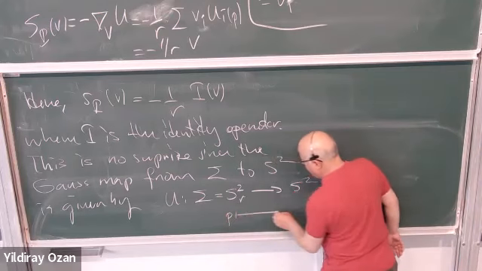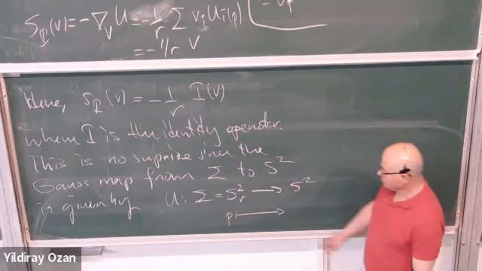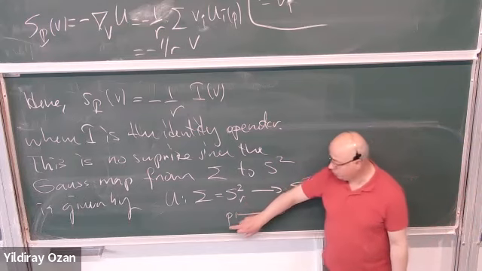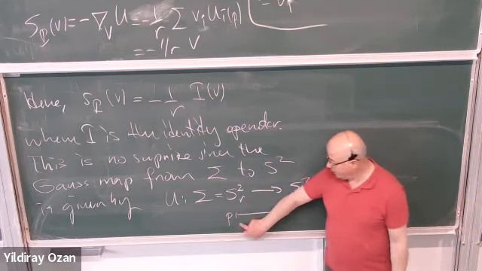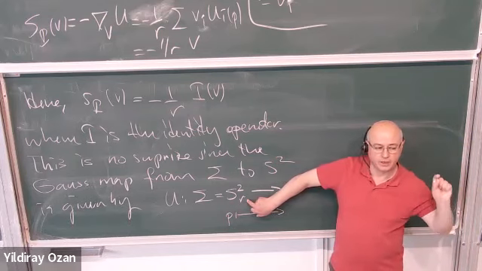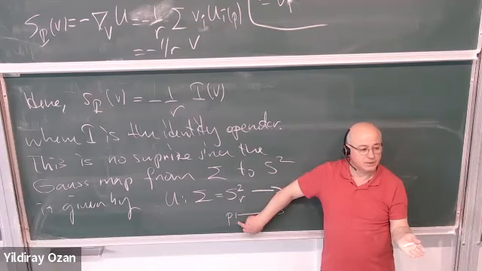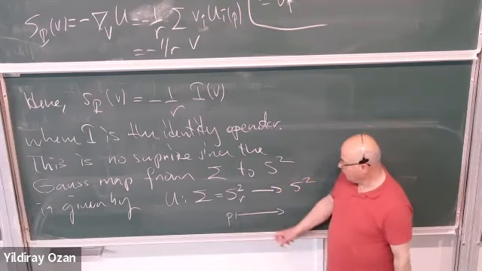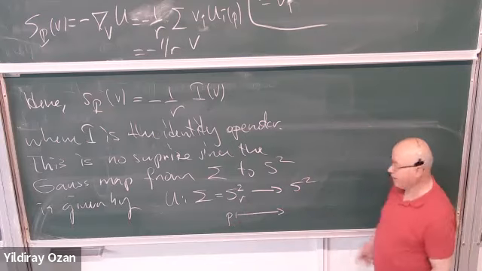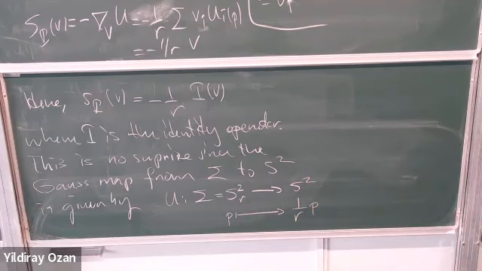At any point P, it sends this point to the normal vector to the sphere at the point P. P is a point on this sphere, so the vector joining origin to P has length r. So if I just divide this vector by r, I will get the unit normal vector. Therefore, this map is just 1 over r times P. I may regard it this way, right?